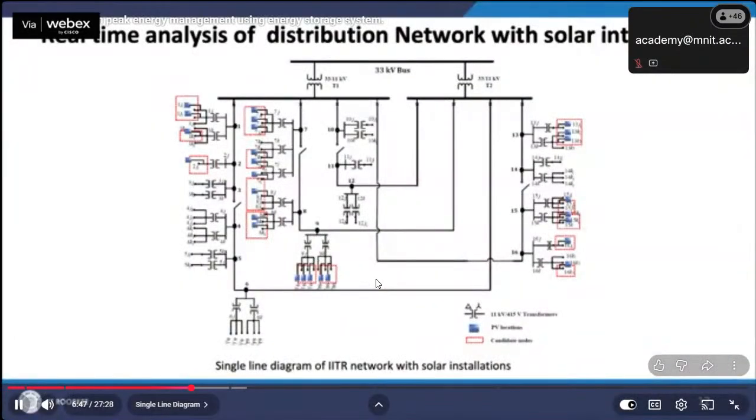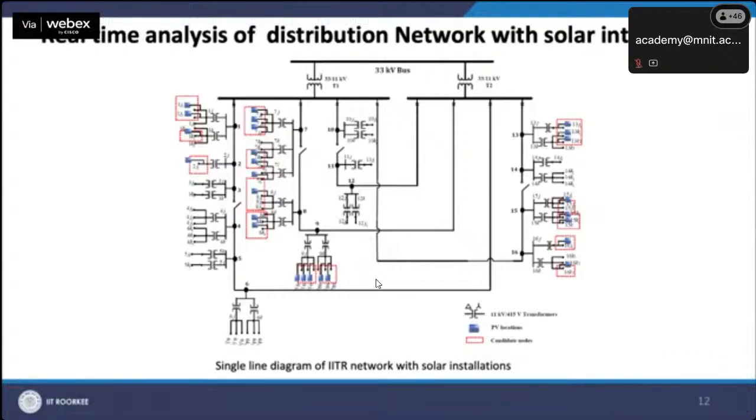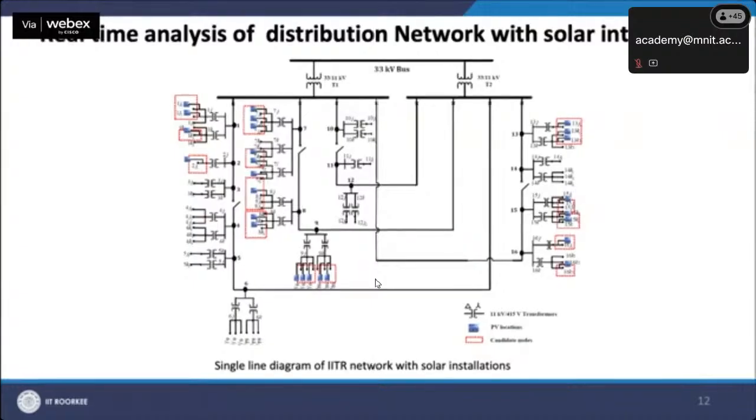And to demonstrate the effectiveness of peak energy management utilizing storage in a real distribution system, we have used the IIT Roorkee distribution system as a platform to demonstrate our research activity.